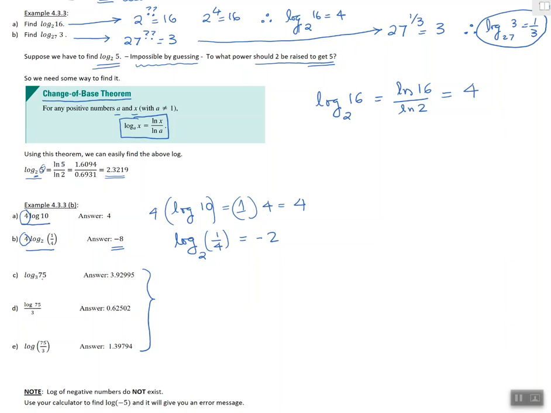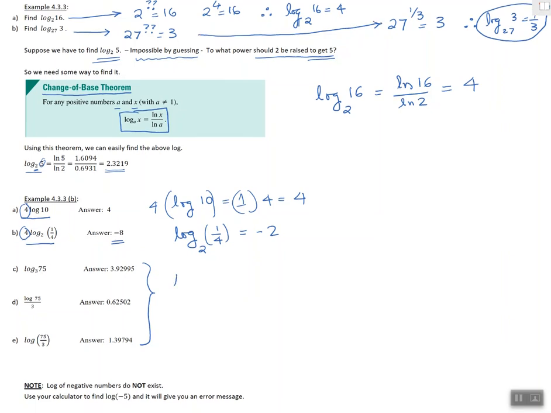So this is log of 75 to base 3. So you would find log of 75 to base 3 by using the change of base theorem, and that would be ln of 75 divided by ln of 3, and you would get this answer. On the other hand, log of 75 divided by 3 is a totally different thing, and you have to enter it in your calculator properly, and you should get this answer.